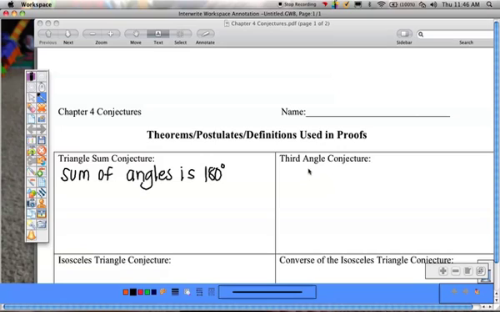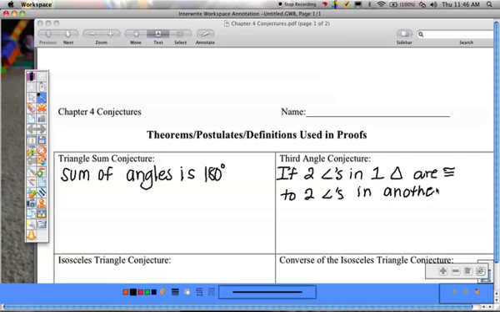There's a third angle conjecture that says if two angles in one triangle are congruent to two angles in another triangle, the third angles are congruent.